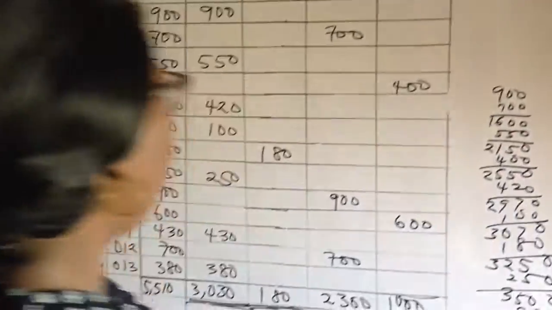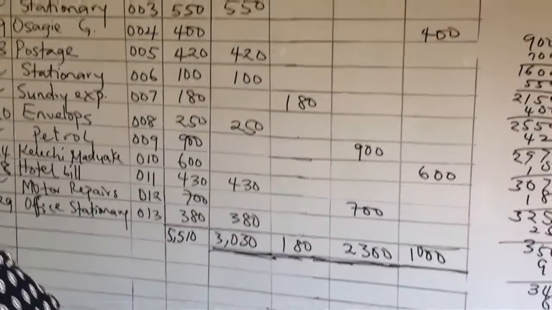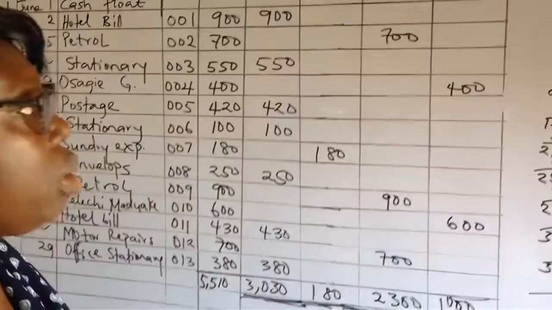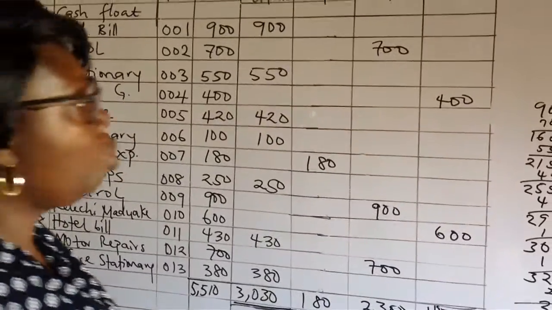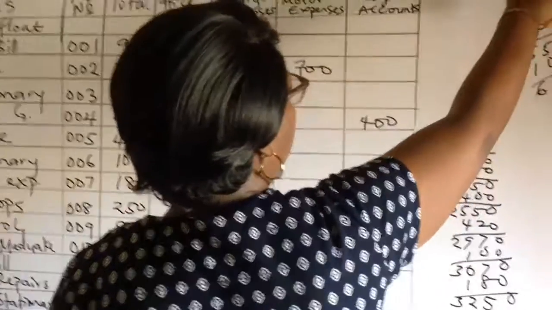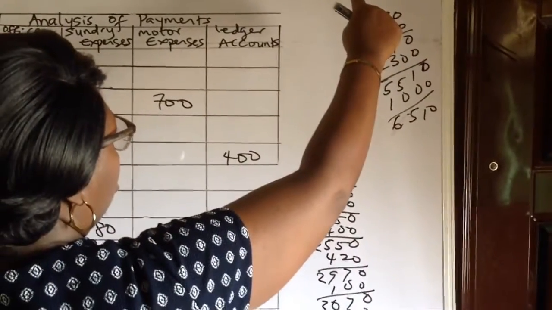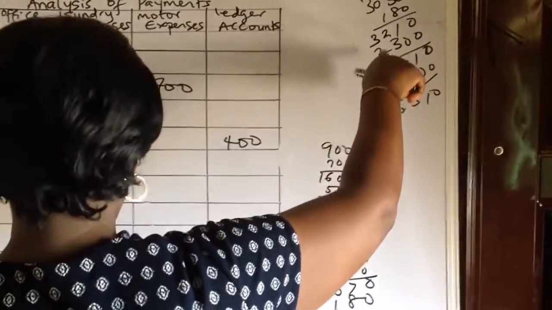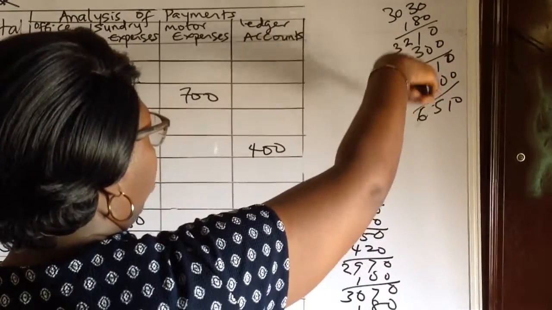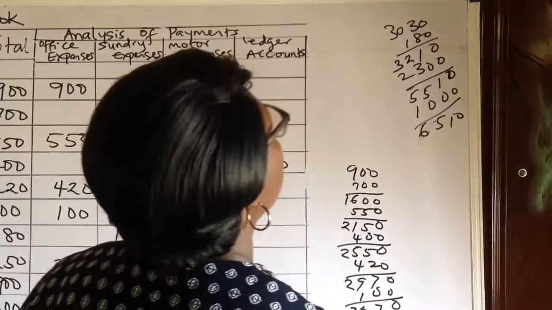You did not tally. What it means is that this total column, something is missing. This plus this, plus 2,300, 1,000, 6,510.